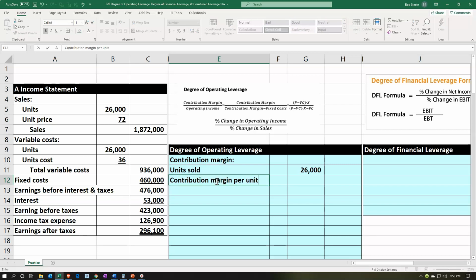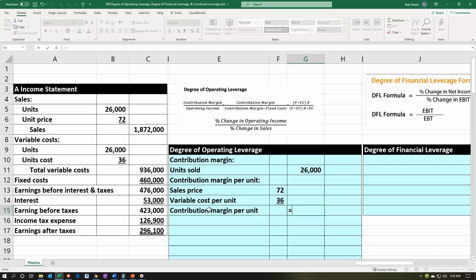per unit. So I'm going to do another little subtotal here for the contribution margin per unit, which is the price minus the variable cost. So we're going to say sales price is going to be equal to the 72, and then the variable costs per unit is going to be the 36. Subtracting those out, let's put an underline here, home tab, font group, underline. That's going to give us the contribution margin per unit.